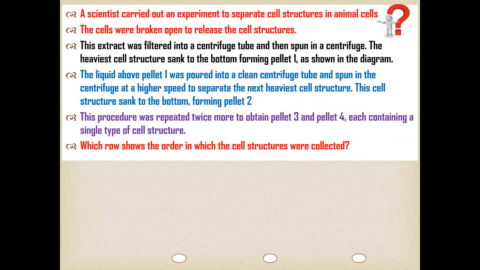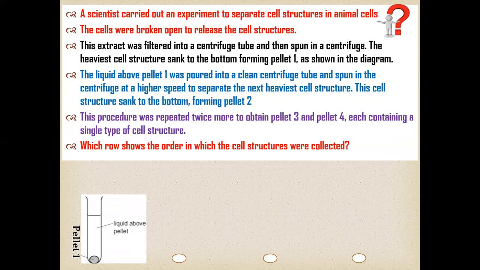We collected the extract of the animal cell, and after collection of the extract, we spun it in the centrifuge machine. The heaviest particle settled down at the bottom and produced pellet 1. Then we separated the liquid above pellet 1 and transferred it into another centrifuge tube.